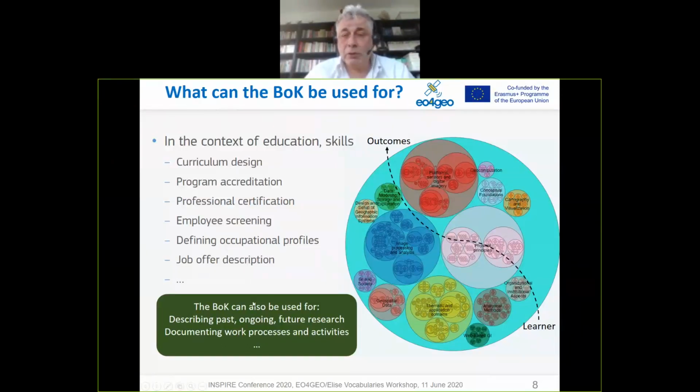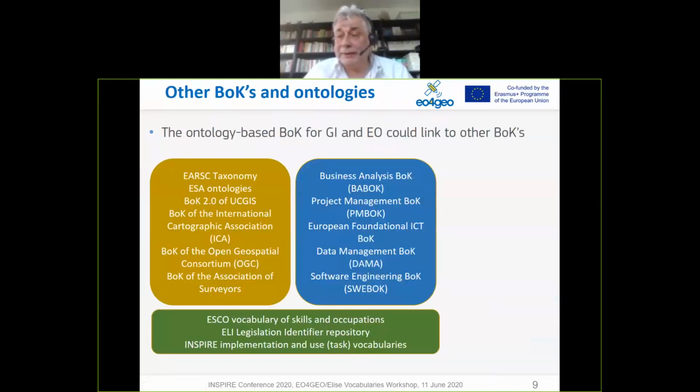That's an example of a task under the use vocabulary. Of course, this is done by different actors, and actors can have different roles, and they have certain required skills in order to be able to perform the tasks. And these are also defined in the vocabulary.